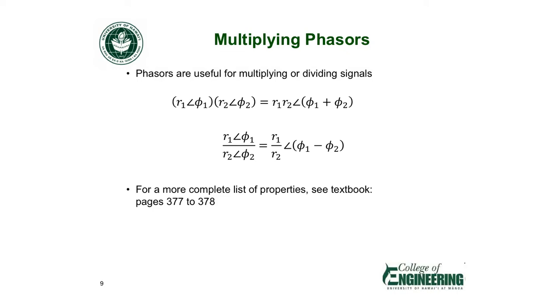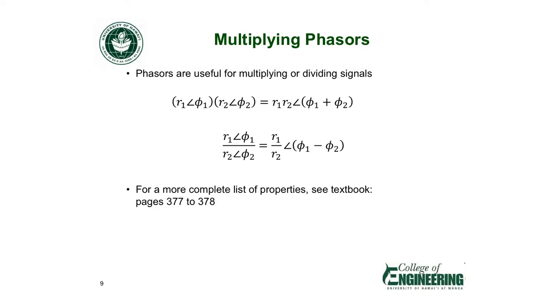We can just use the phasor representation, and multiplying these two together would be multiplying the two amplitudes together and then summing the two phase angles. And that would give you the result of multiplying those two sinusoids. Dividing two sinusoids is similar. So just divide the two magnitudes and then take the difference between the two phase angles.